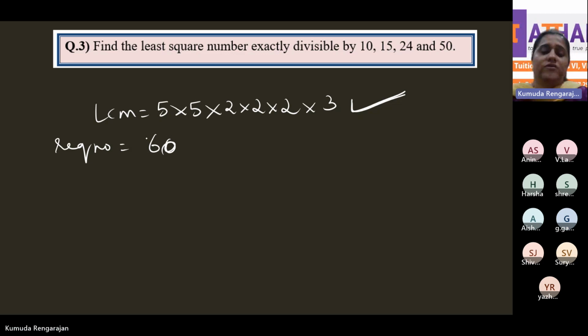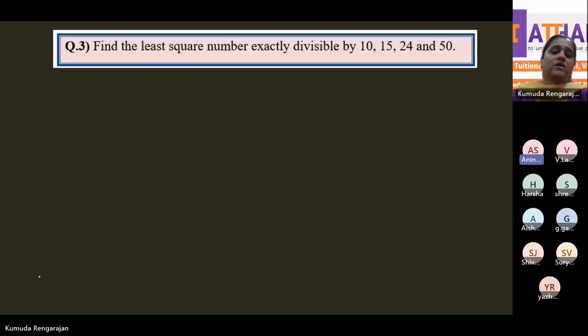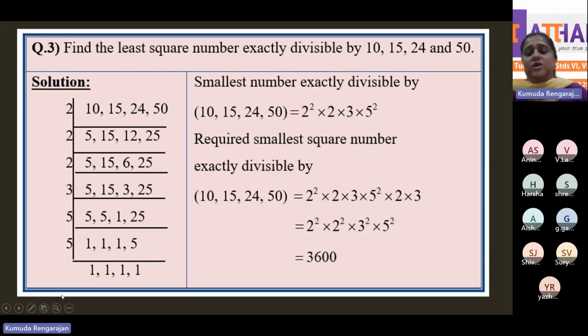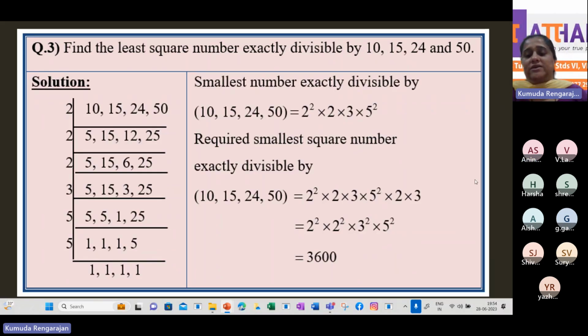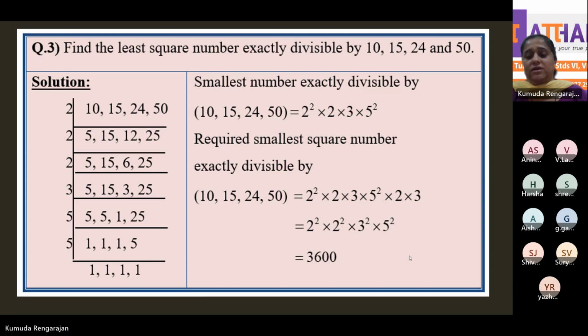Very good. So the final answer is 3,600, right? Yes, ma'am. Okay. Anintika, you said 60? Yes, ma'am. Okay, let's see what is right. 3,600. Yes, Gayatri, you're right. Very good. Thank you, ma'am.